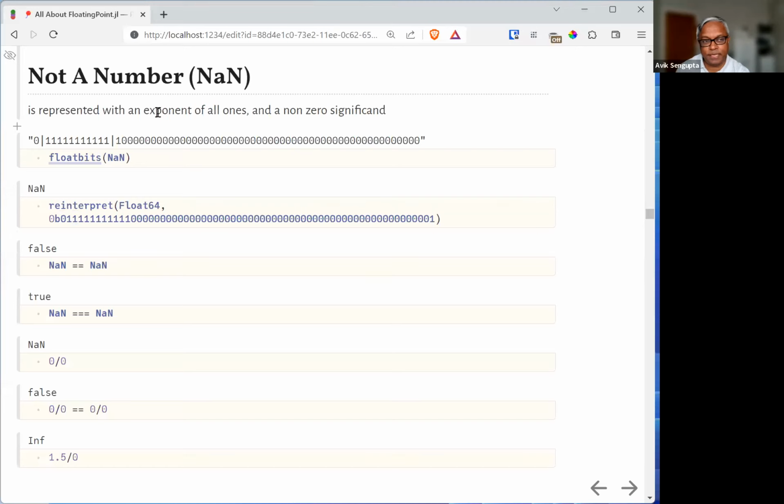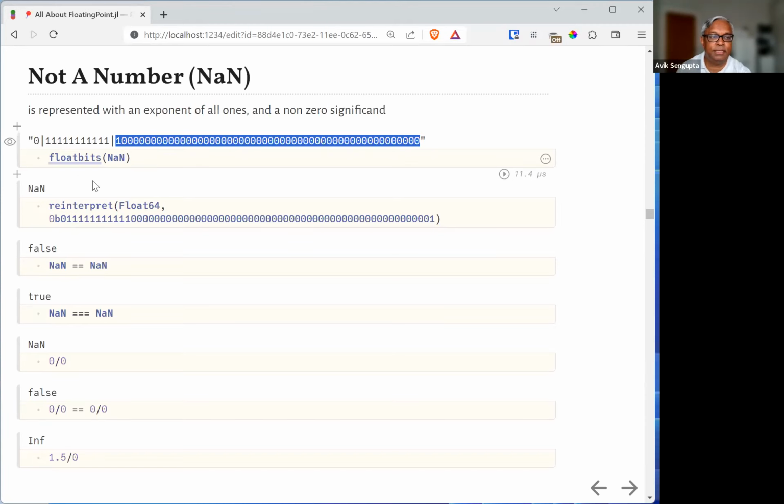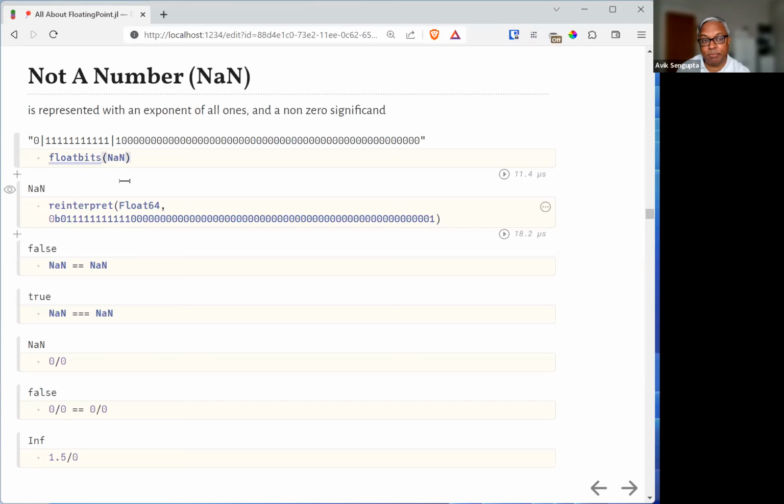Not a number is represented as an exponent of all ones, like infinity, as it happens, but a significand of non-zeros. So for an infinity, the significand has to be zeros. If the significand is non-zero, then it's not a number. Now, the thing about not a number is that the significand can be anything.